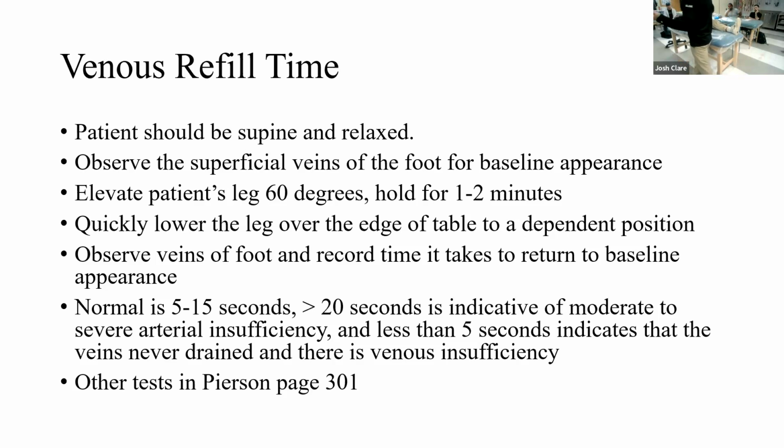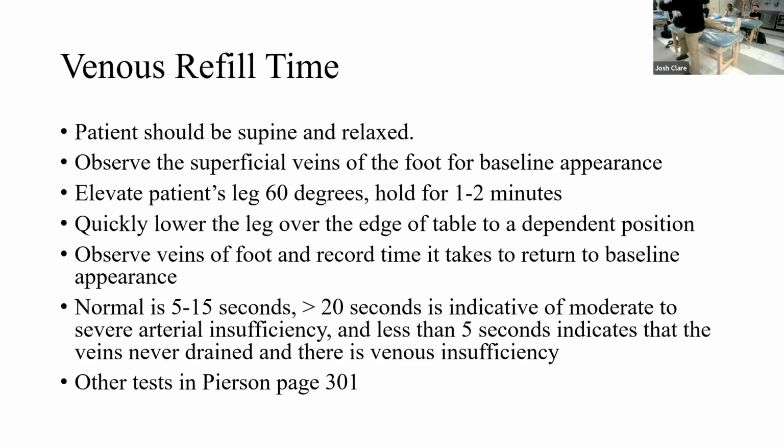I could use a goniometer if I had to, right? We haven't learned it yet, but we could. 90 degrees is straight up. Halfway, right about there, is 45. So it's fairly steep. This is roughly 60 degrees. All right, then I hold it up here for 1 to 2 minutes.